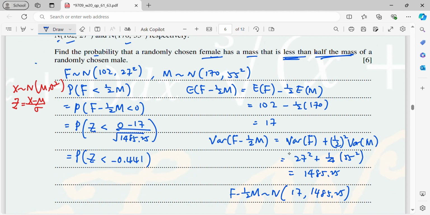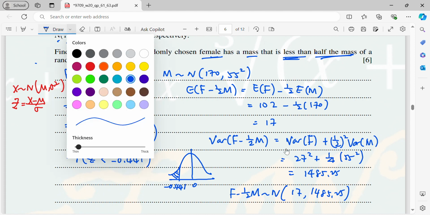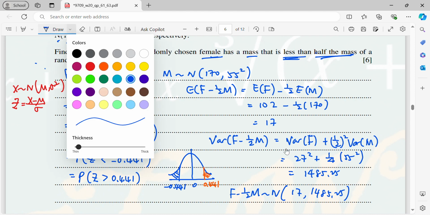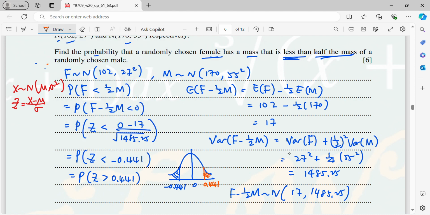Right after this, I will sketch a graph. The line of symmetry is 0, and here is negative 0.441. Because it is less than, the region is on the left side. Then I reflect it to be positive, so here is 0.441. It means the blue region is the same as the orange region, that is greater than 0.441. But the normal table will just give you the region which is less, so the total probability is 1 minus all the previous regions.